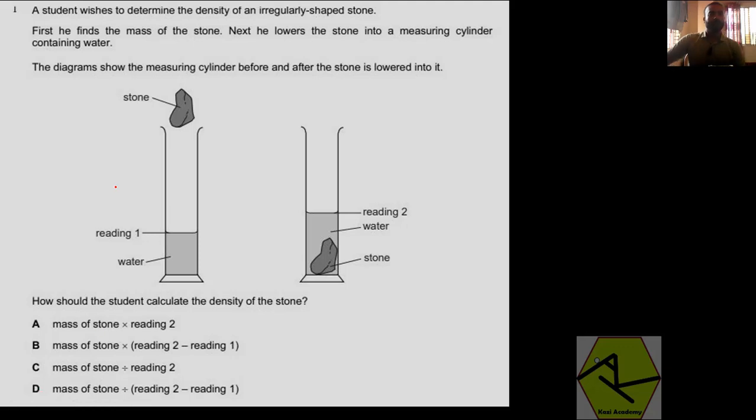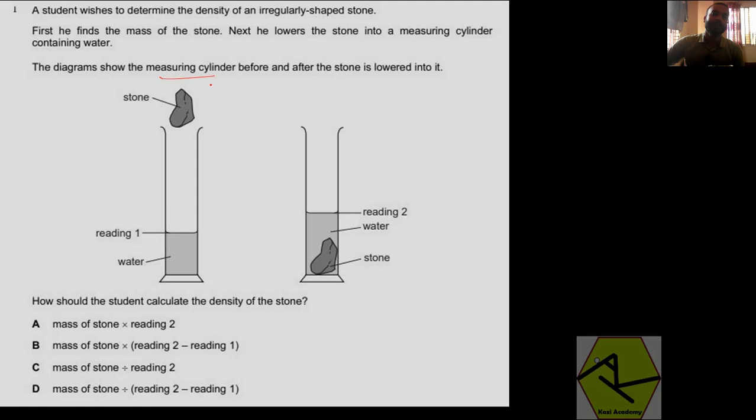Again, a student wishes to determine the density of an irregularly shaped stone. So as we know, to find the volume of an irregular shape, we need the help of a measuring cylinder.